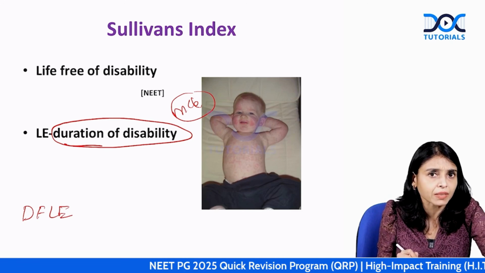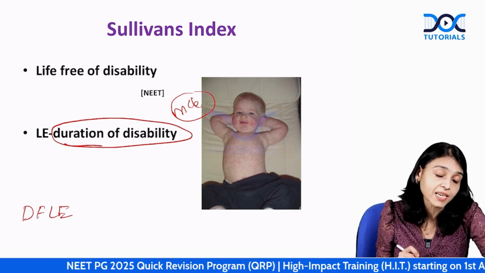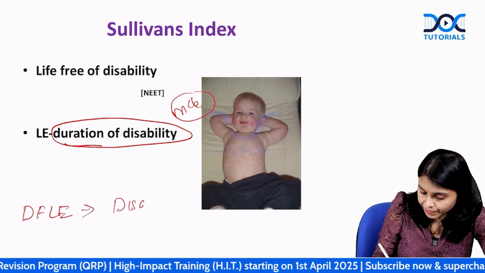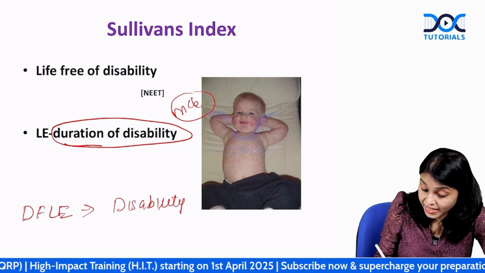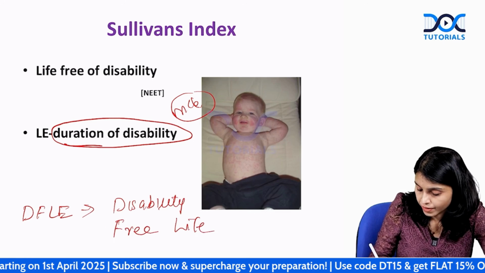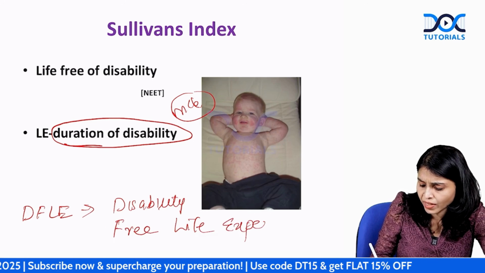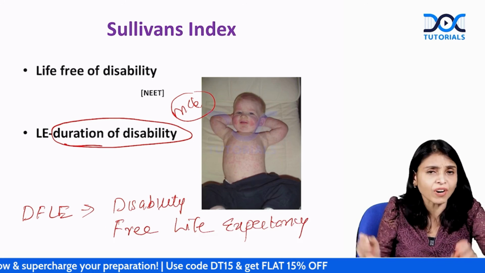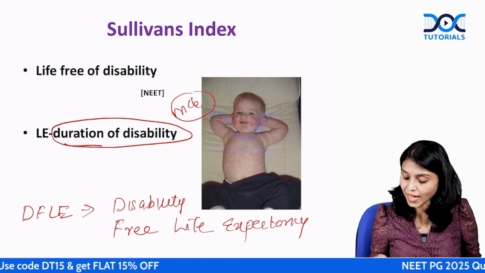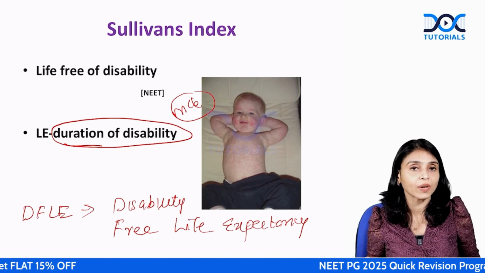In the latest edition Park textbook, you will not find the Sullivan's index. Instead, it is written as DFLE, disability free life expectancy. That is what you're calculating: how many years someone lives without disability.